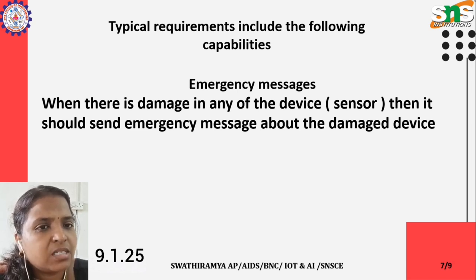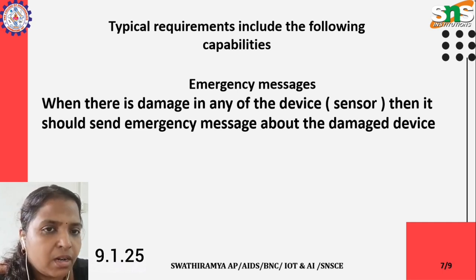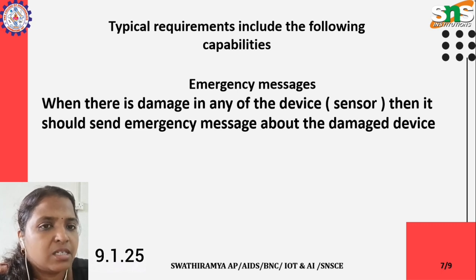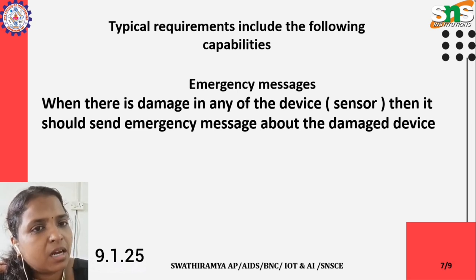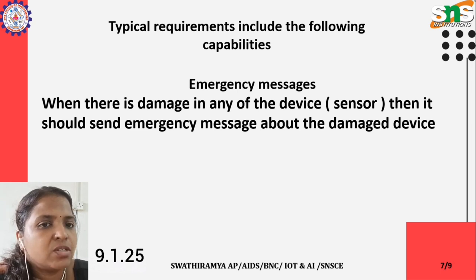But if we do not get the data from one device, it may lead to a serious problem. For example, you set up a surveillance camera in one place, but the data from the surveillance camera is not being received by your application.